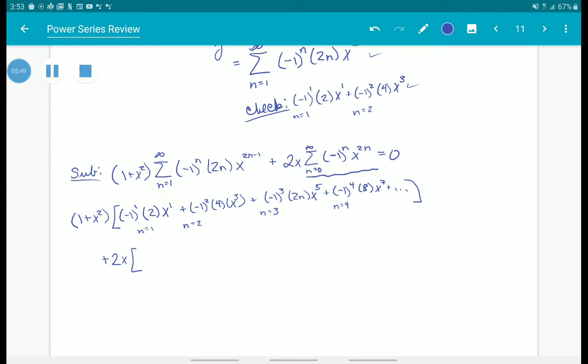If we were substituting in a 0 into this, we would have negative 1 to the 0 times x to the 0, plus negative 1 to the first times x squared, plus negative 1 squared times x to the fourth, plus negative 1 cubed times x to the sixth.